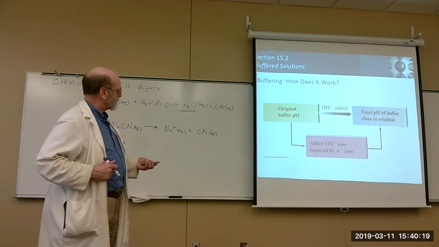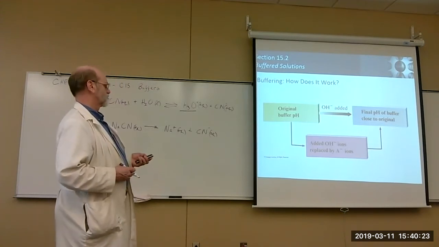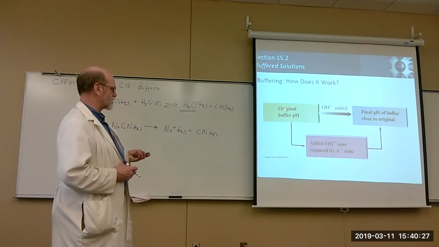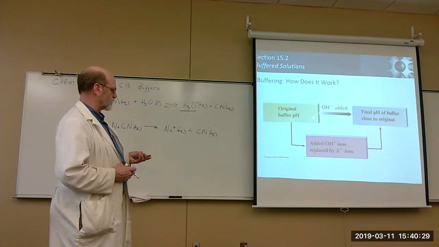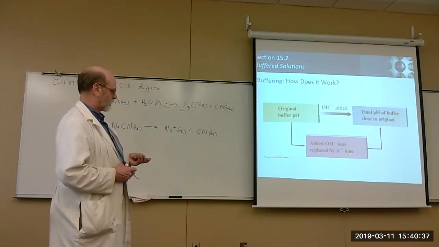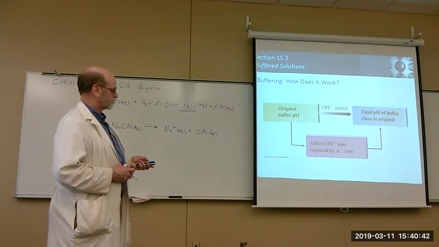Okay, I think we're getting at the addition of base here rather than acid. So if we have an original buffered pH and we add hydroxyls, what do the hydroxyls do? The hydroxyls replace the conjugate base, the A minus, or in this example, the C minus.